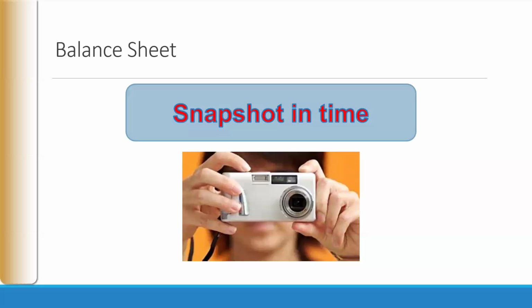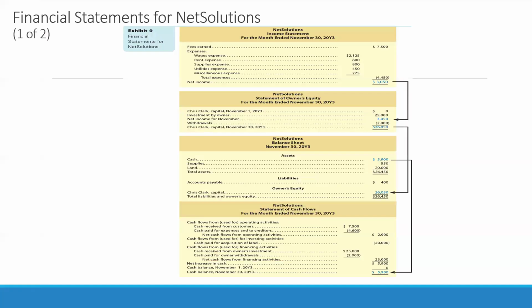One key thing about the balance sheet is it is a snapshot in time. It captures what the assets, liabilities, and equity are as of the end of the year. That's important to note because the balance sheet says November 30th, FY23.